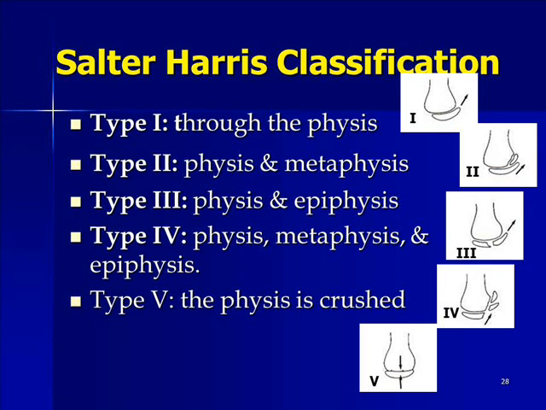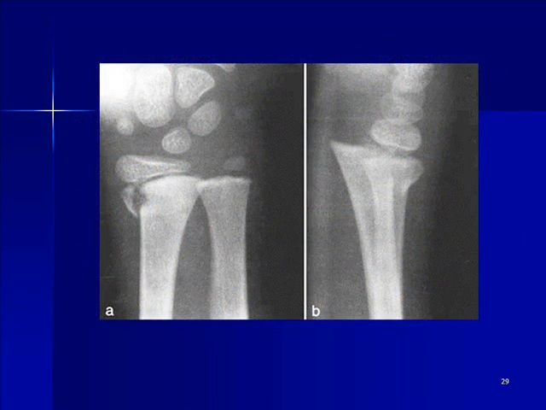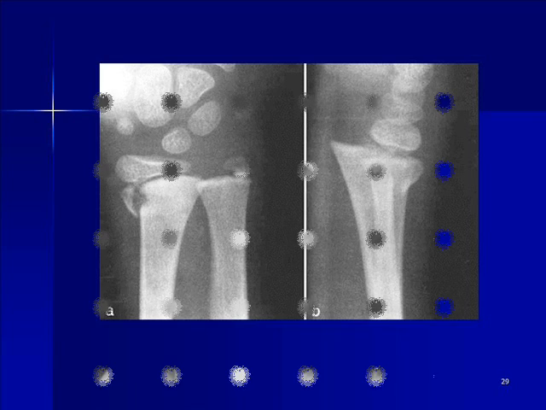And type 5, there is a serious injury to part or all of the growth plate because it is crushed. This is the most serious of the epiphyseal injuries and results in arrested growth of the limb, with serious implications on growth. And this is an X-ray of a type 2 Salter-Harris injury.